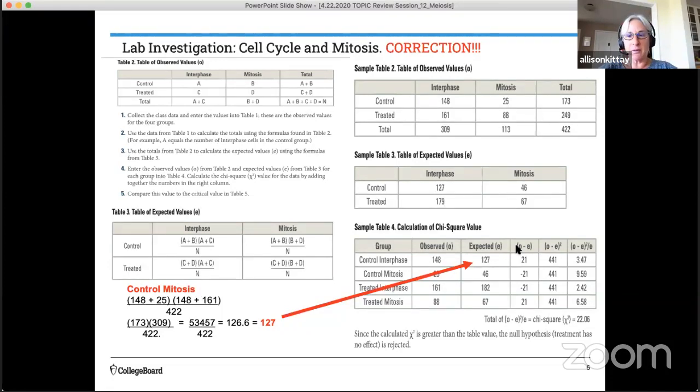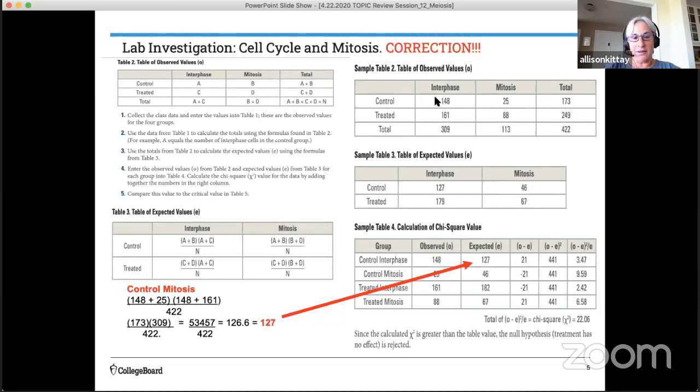I actually think the best thing for you to do would be to go through this and look at it. But I want to point out how, for one of them, and then you can practice the other ones, you get the expected value for the cells that are in the control or distilled water treatment and the cells that are not dividing. It tells you here that we're going to take the value in cell A, which in our sample data is 148.